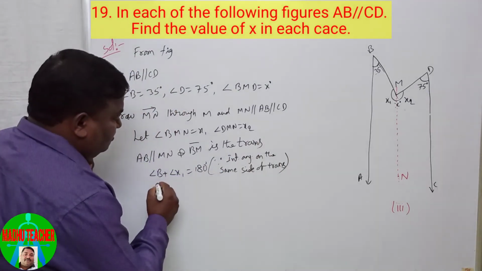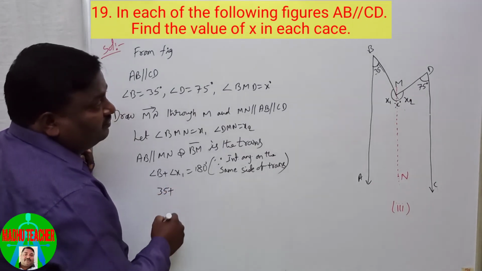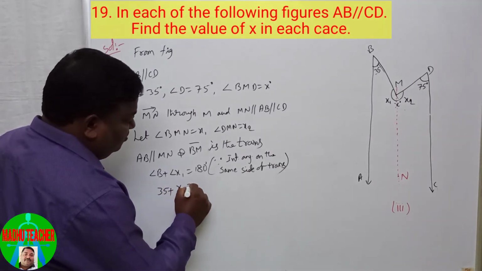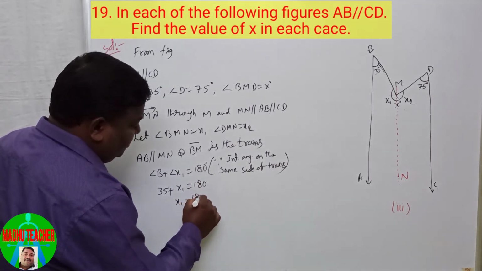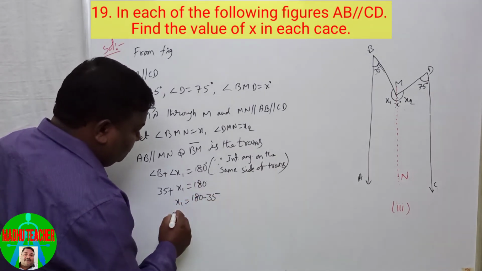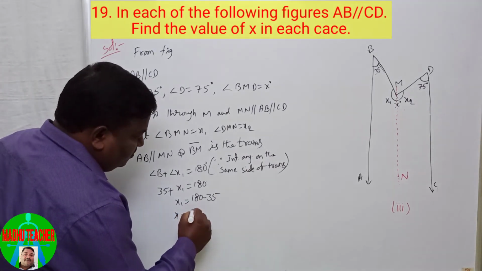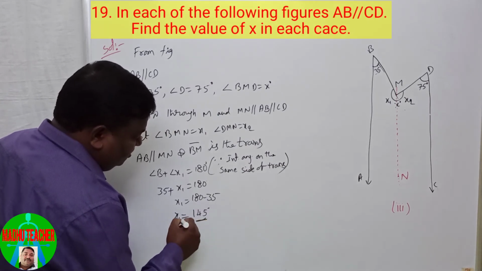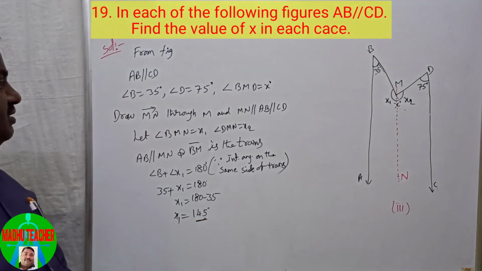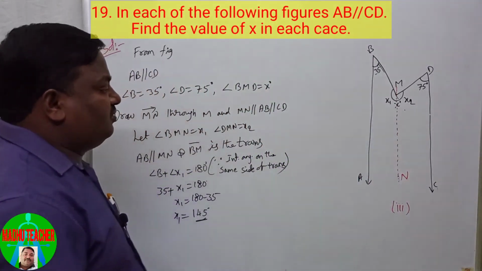So angle B is 35 degrees plus x1 equal to 180 degrees. x1 equal to 180 minus 35, 145. This is x1.